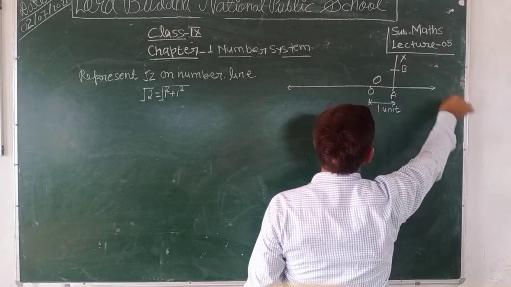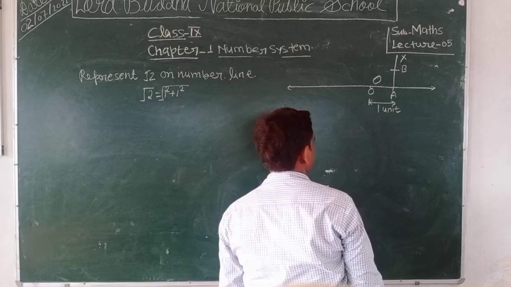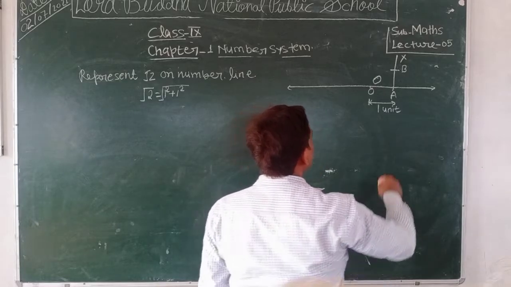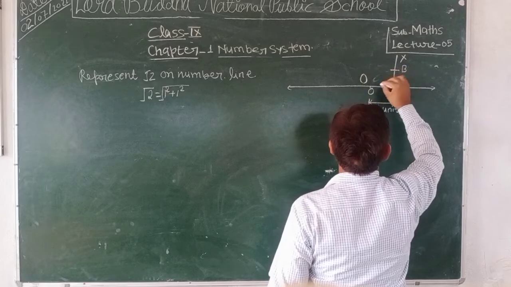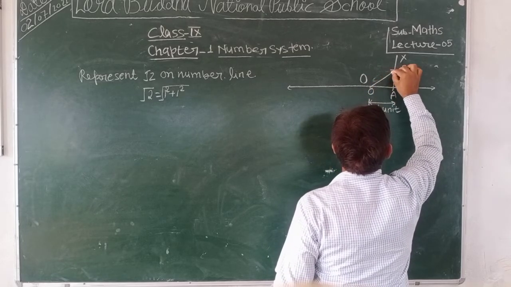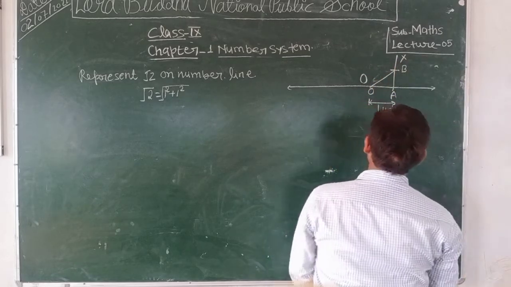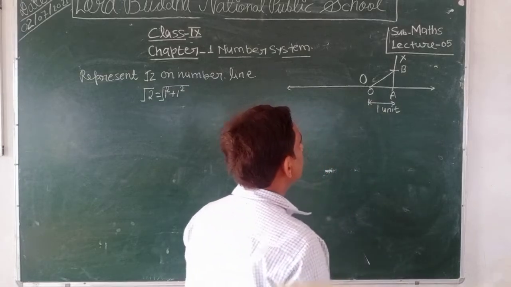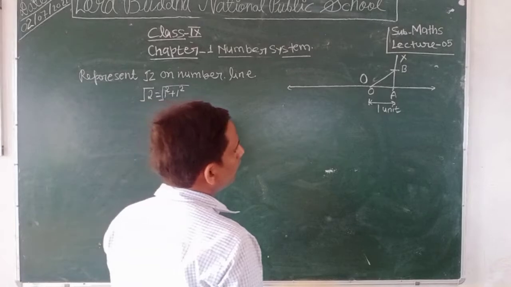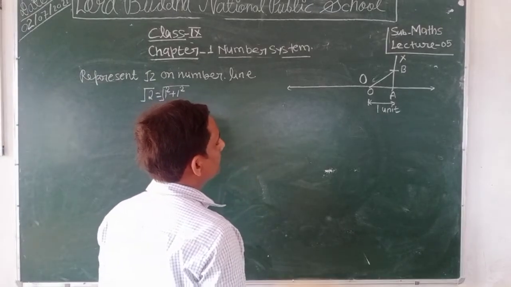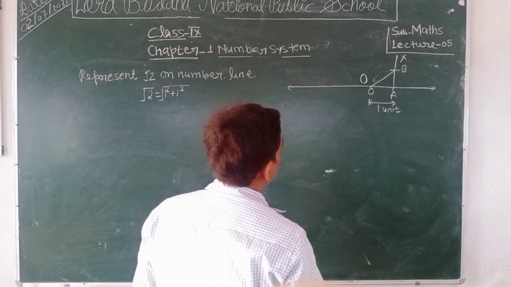Let this point be B. Join O to B. OAB is a right angle triangle.